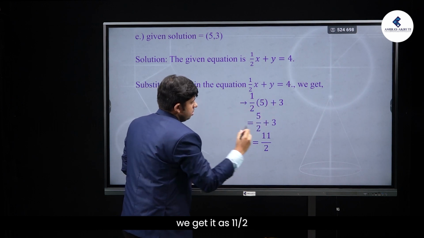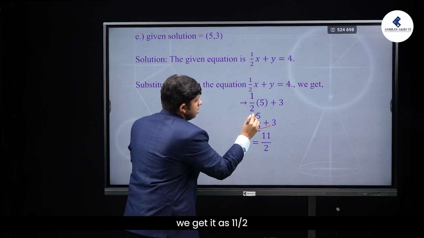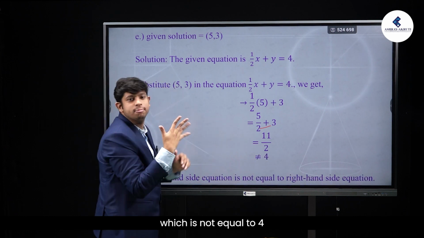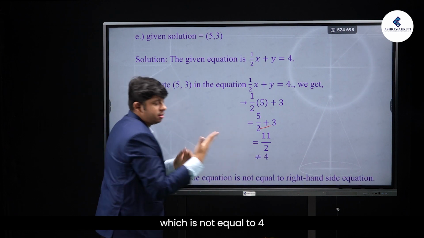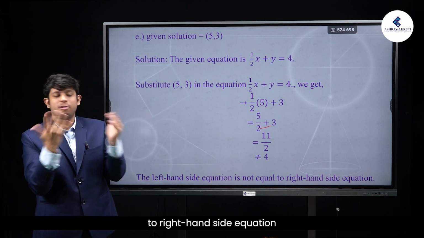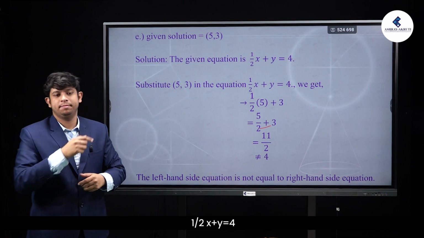After solving, we get 11/2, which is not equal to 4. The left hand side is not equal to the right hand side. We can say that (5, 3) is not a solution of the equation 1/2 x + y = 4.